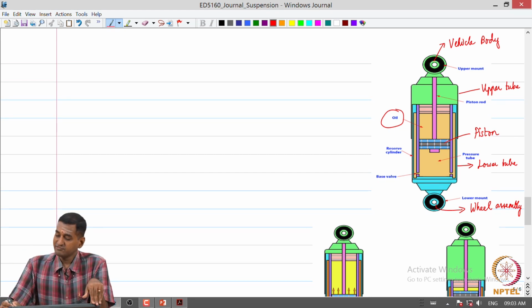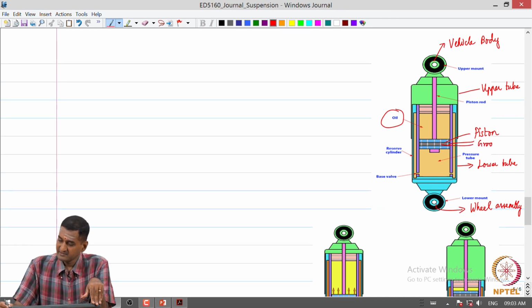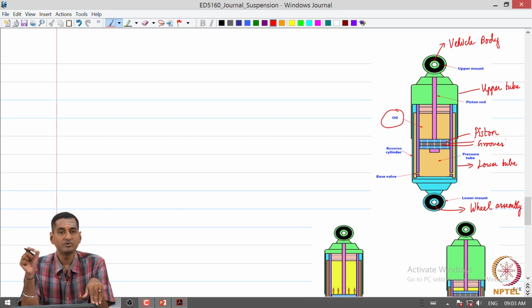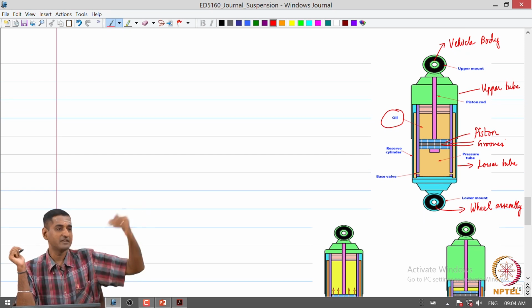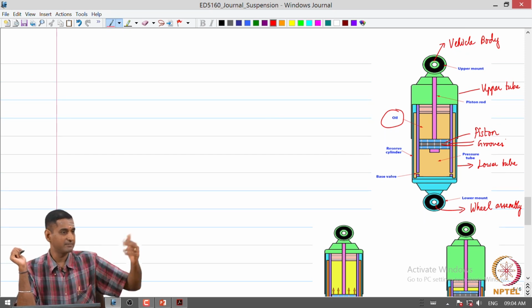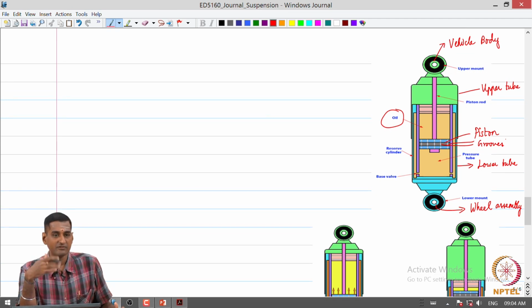What will happen to the fluid then? This piston has small grooves in it, through which the hydraulic oil is forced from either the top side to the bottom or vice versa, depending on the travel of the two tubes.